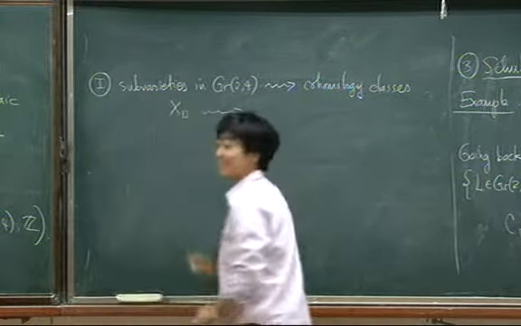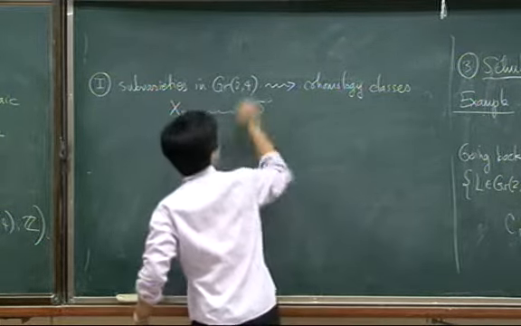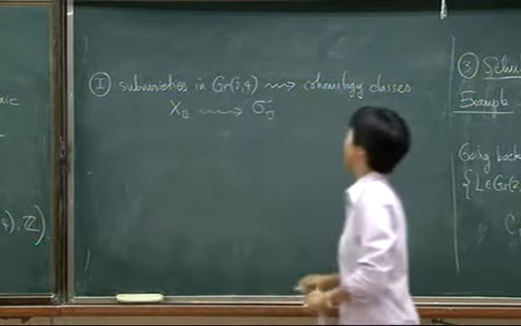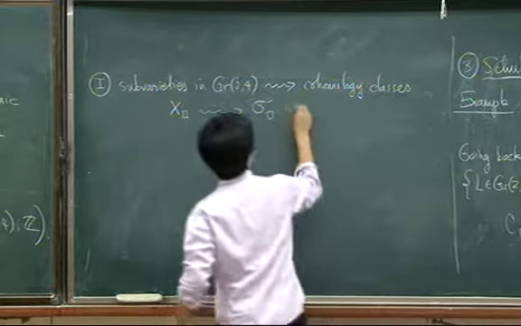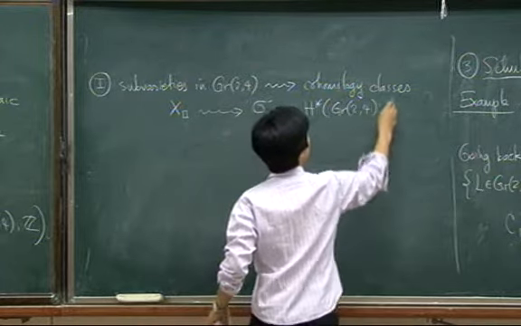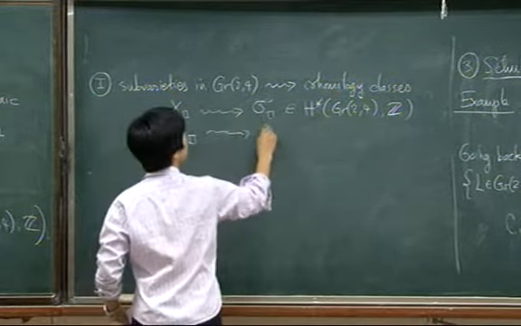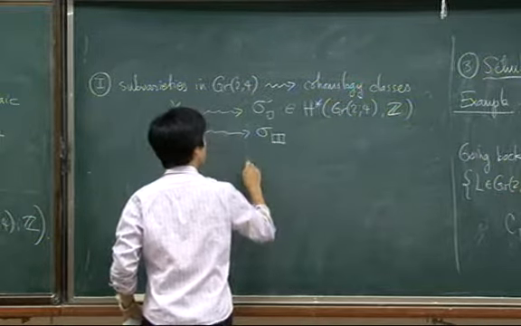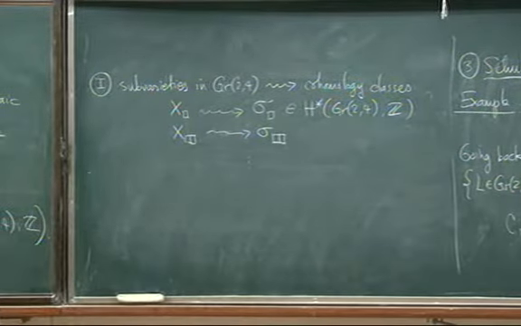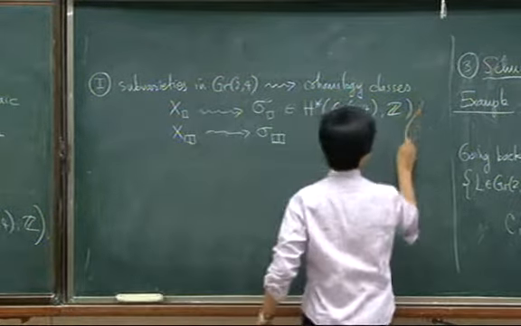So the X's signify the variety, and again, this is traditional, I'll use sigma to denote the Schubert classes. The classes, sorry, in the cohomology ring. So for example, etc. All right, so these are the famous Schubert classes.